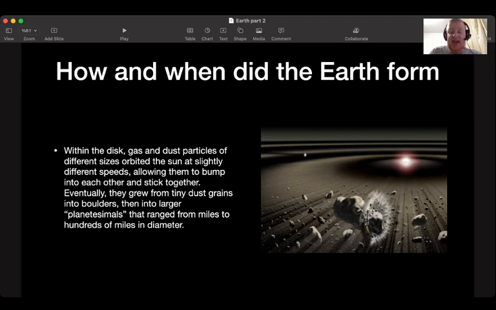So, as the particles, like dust and gases, all came together, they formed one bigger object over the years since the birth of our solar system.